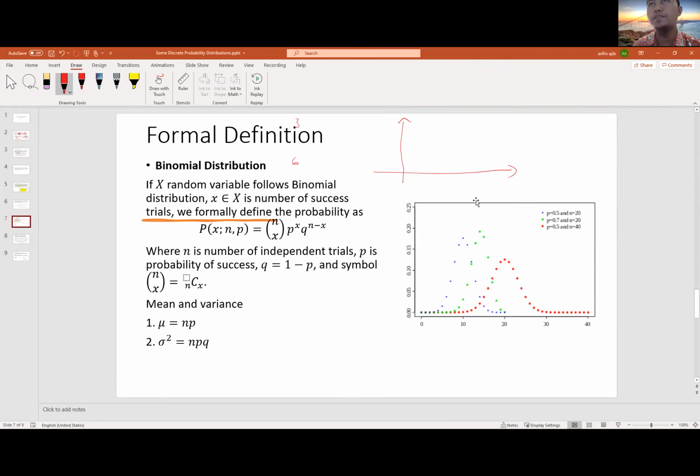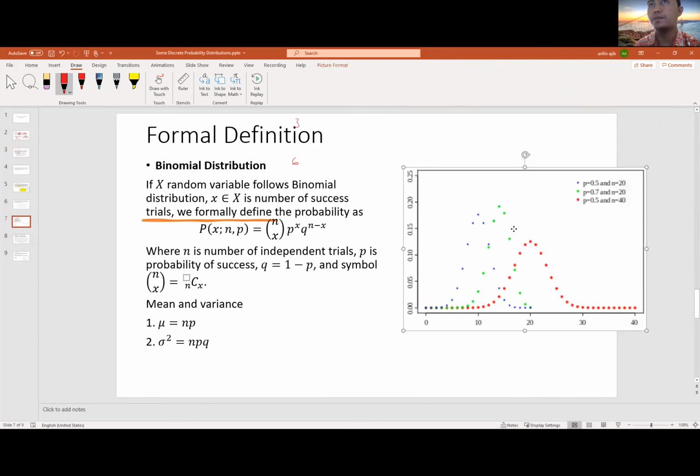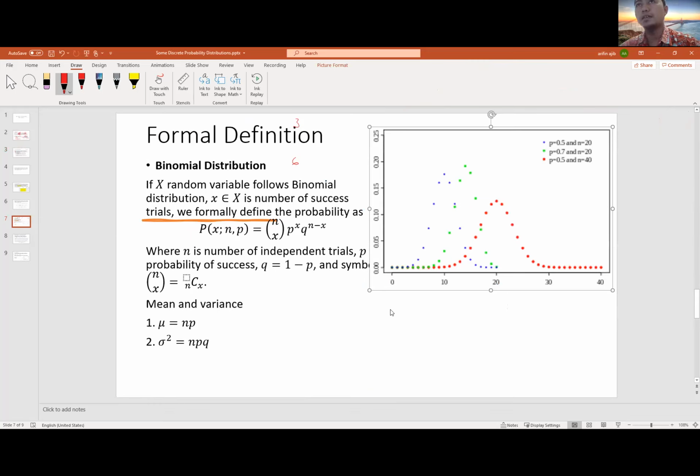So back to the formal definition, you can see here the formal definition, particularly the graph here. It's a similar graph actually. This is the x-axis, the x representing any possible combinations, and the y-axis is the probability.